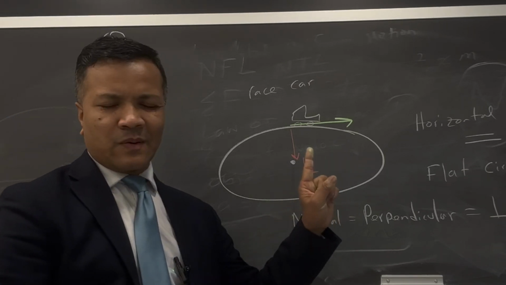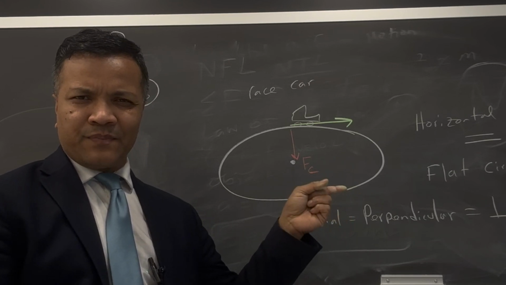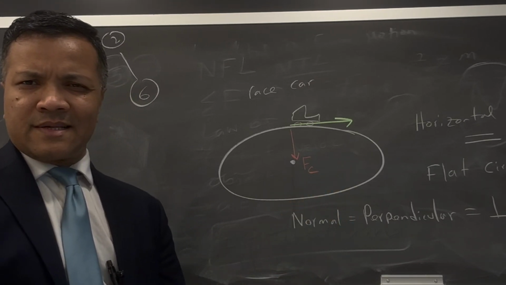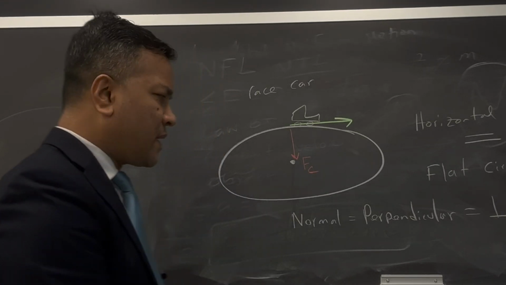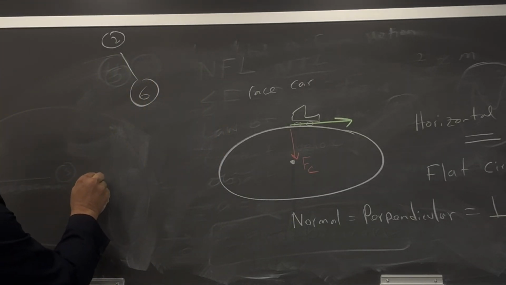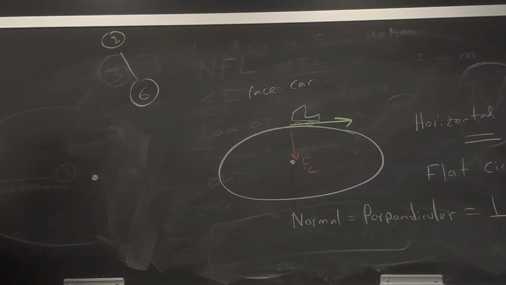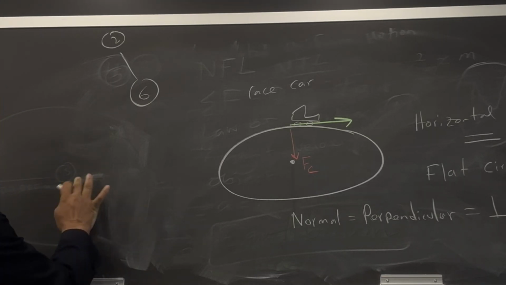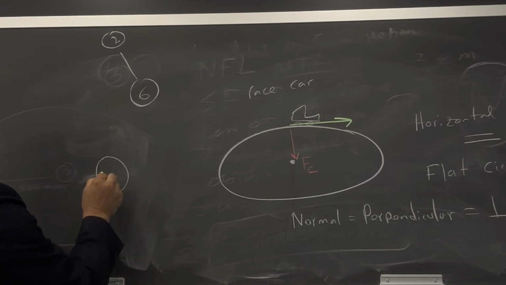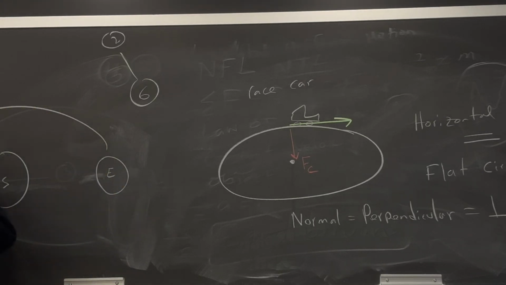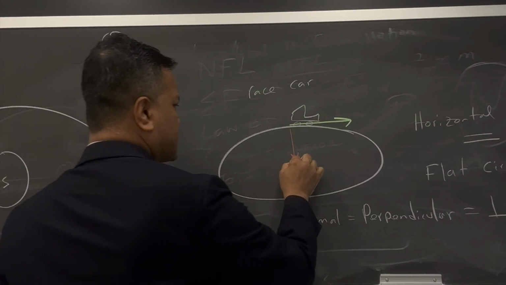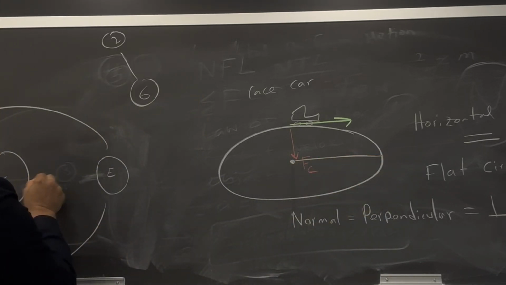or flat circular path. Another example of a horizontal circular path or flat circular path would be us. This is the Earth. Let's make Earth bigger. Earth moving around the sun. Because this one has a radius, this one has a radius.